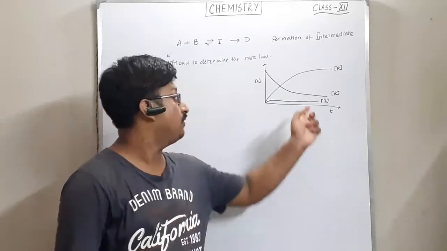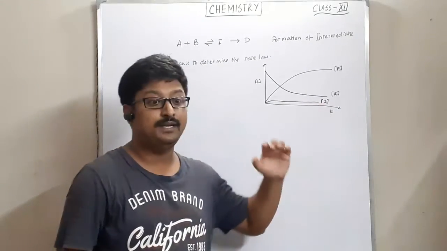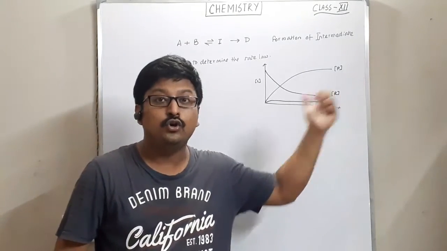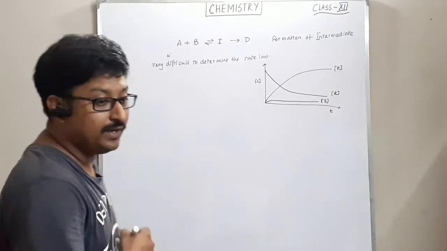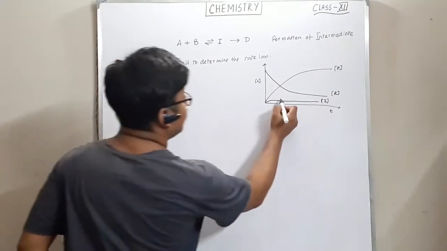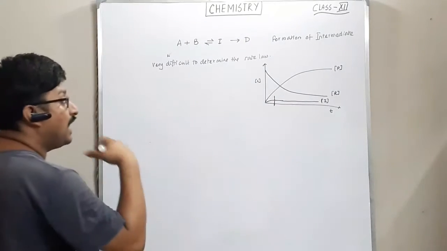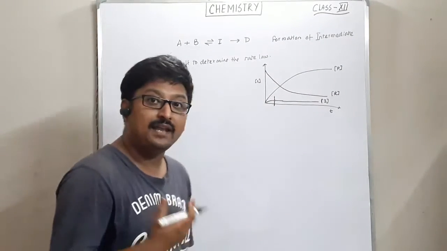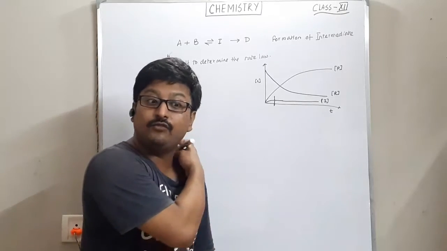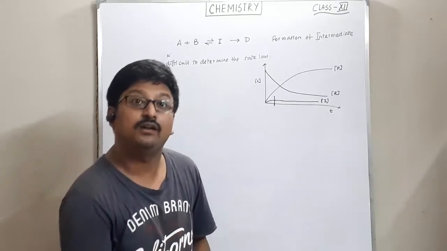But in that case, the concentration of the intermediate has to be constant. So after the initial period, when your intermediate is constant, you can easily calculate the rate of the reaction.